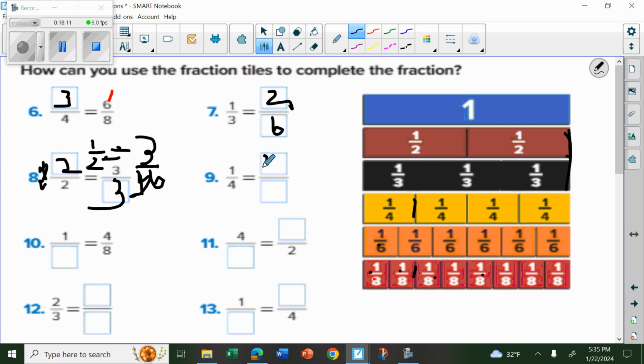It equals 2/8. Okay, what about this one? 4/8. I'm going to go right here. 4/8 equals 1 what? Well, up here, it's got 3. 1, 2, 3, 6. It's got 2 halves. Can't do that. What about this one? Yeah, there's 1/2.